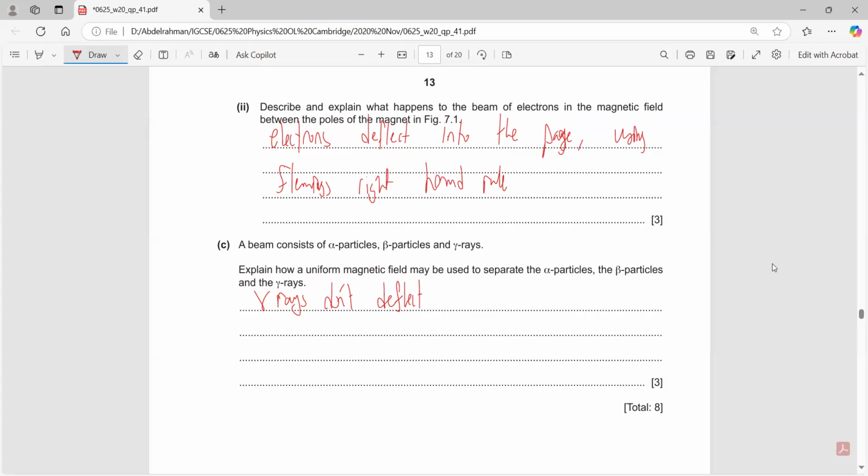Alpha particles and beta particles deflect in opposite directions. That's it. That's all you need to say for this question.